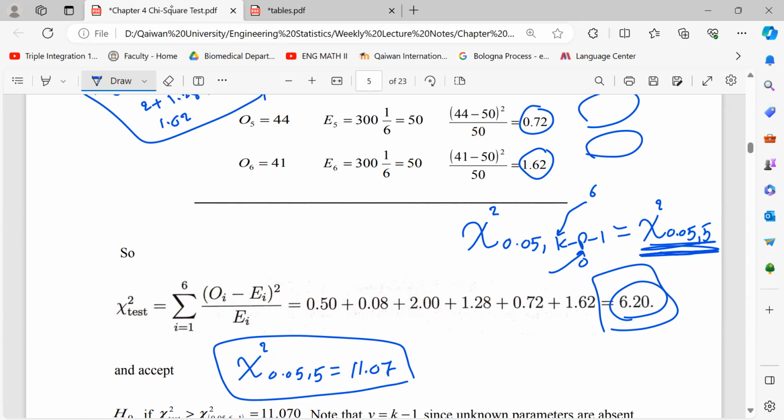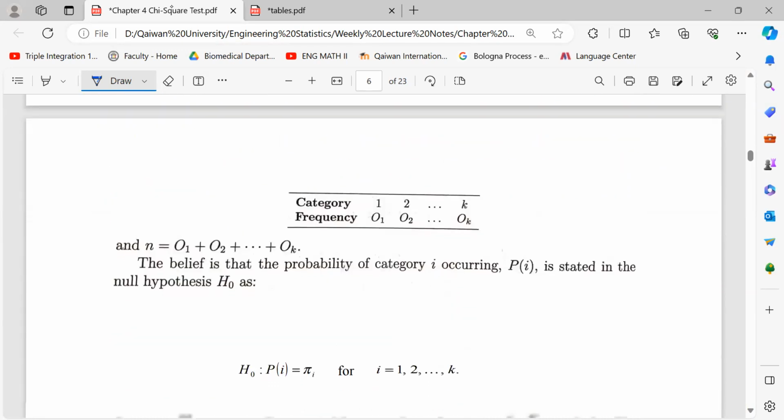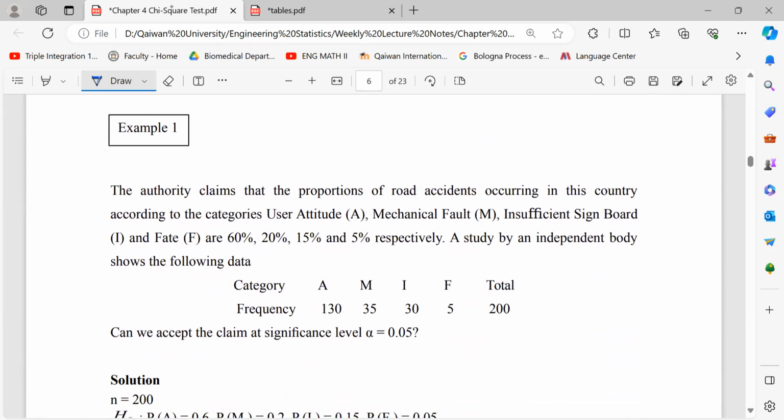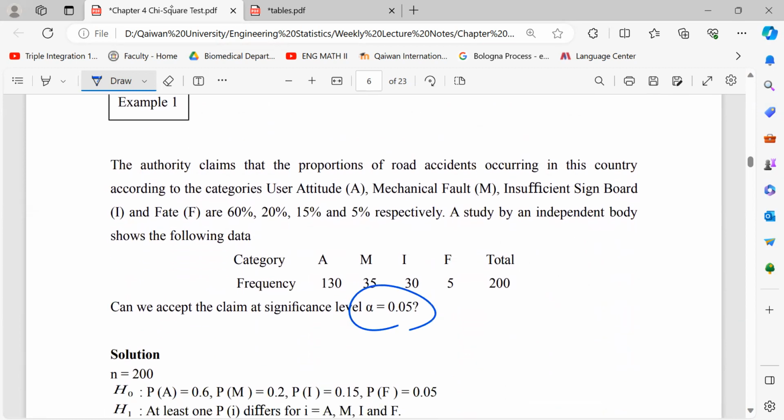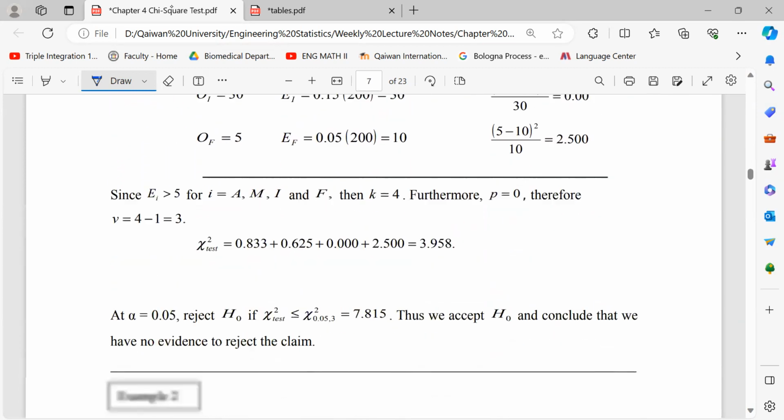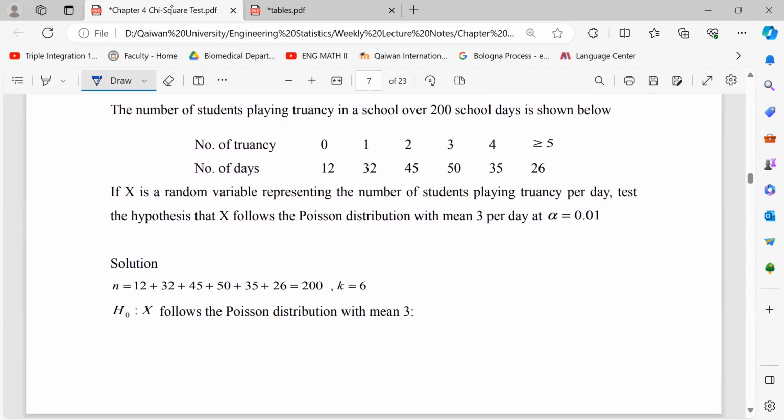Yes. It must be given. It's alpha. It's the significance level. Let's look at the next example. That's it.